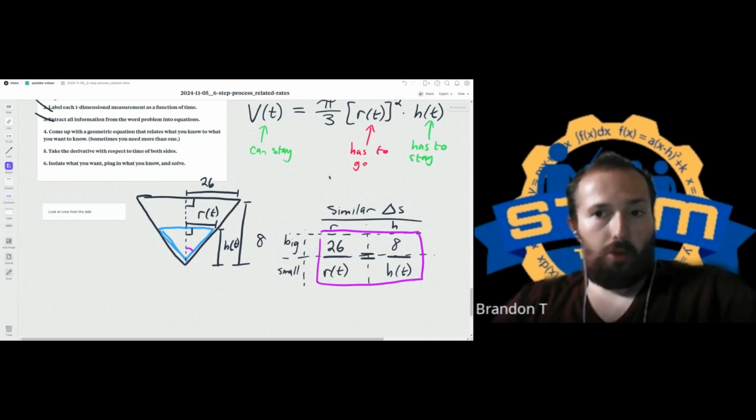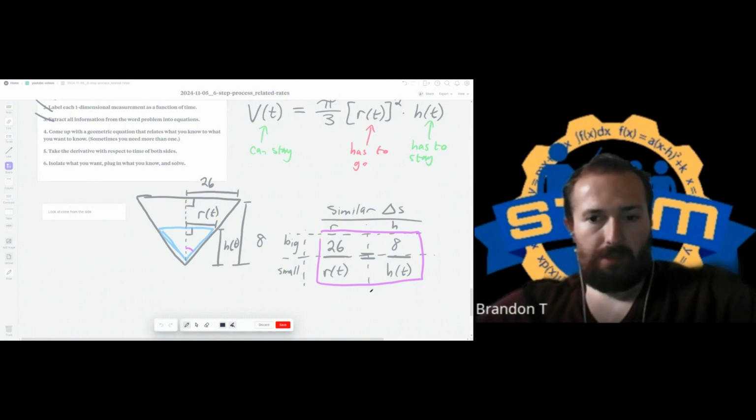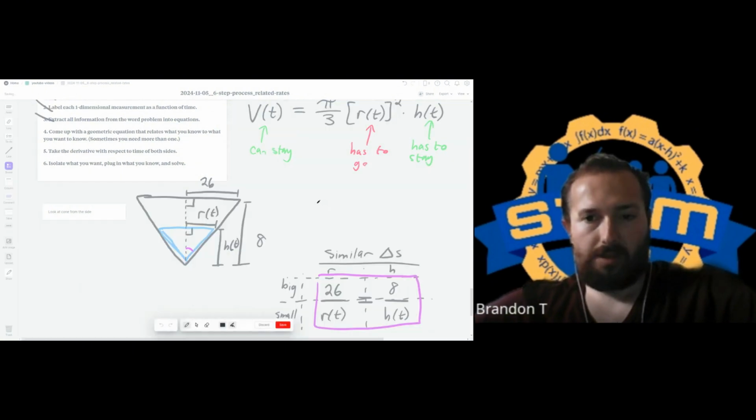And remember, our goal here is to find R as a function of V or H. In this case, it'll just be H, because volume doesn't really show up when looking at it this way. So if I solve this for R of T, I will get 26 over 8, which we can simplify. If we divide by 2 on both sides, that'll be 13 over 4.